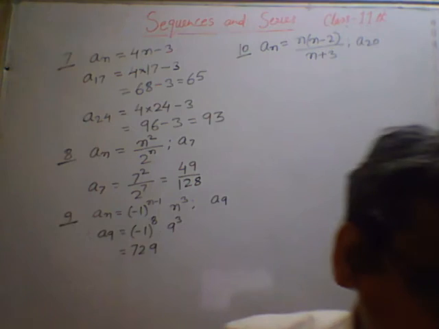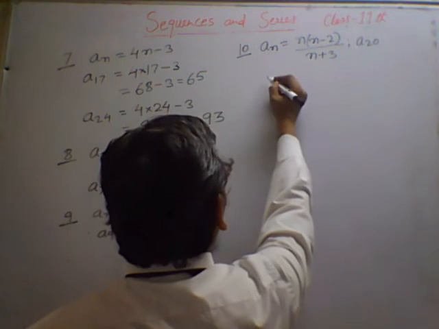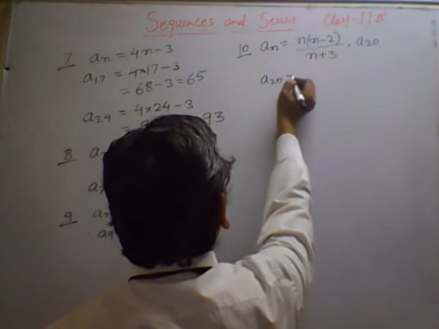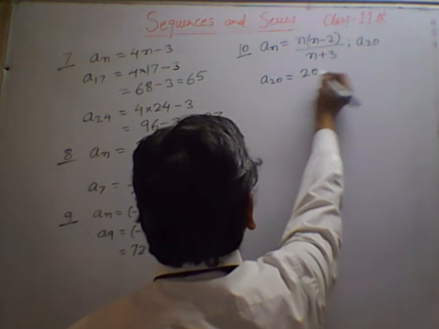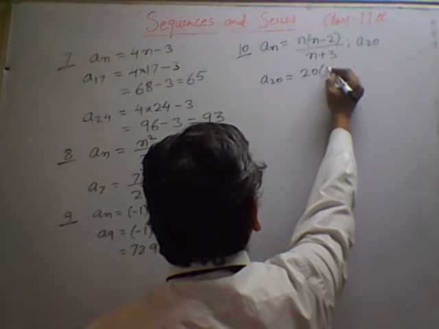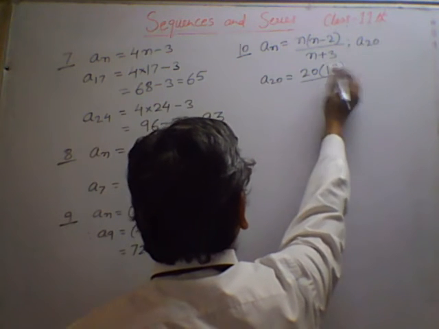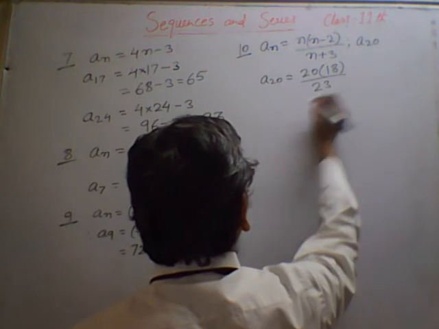So now we will find it out. A20 equals 20 multiplied by 20 minus 2, which means 18, by 20 plus 3, 23.